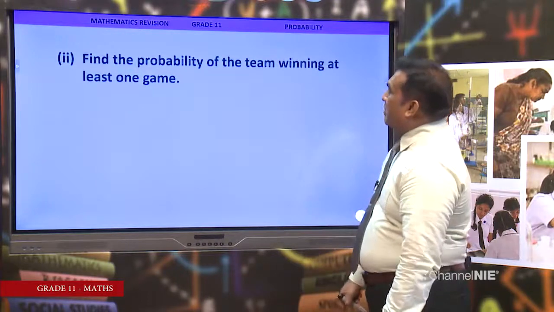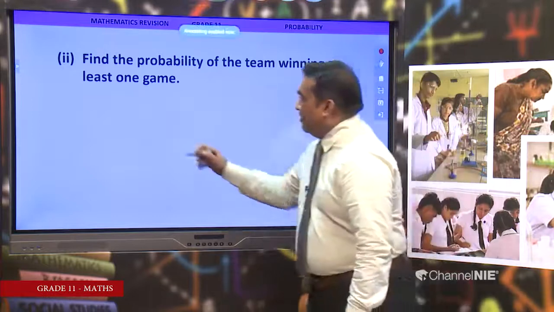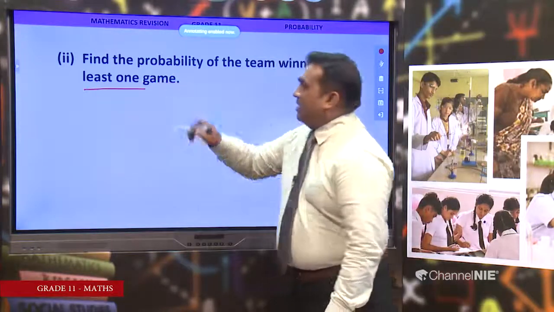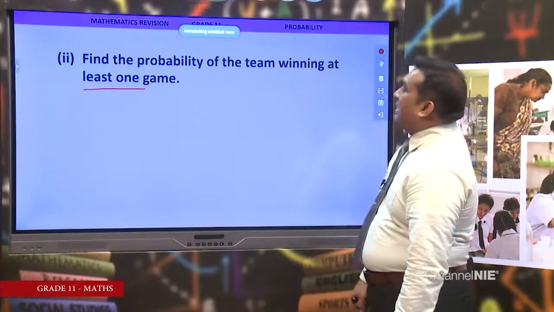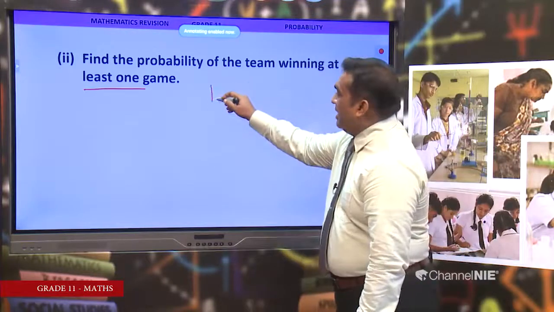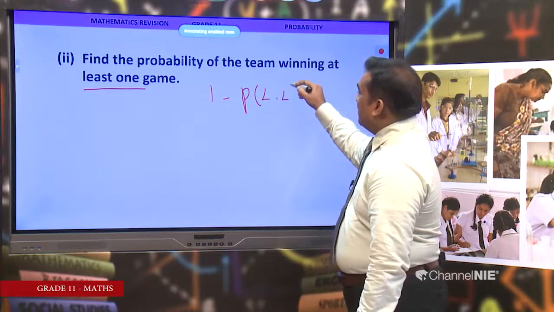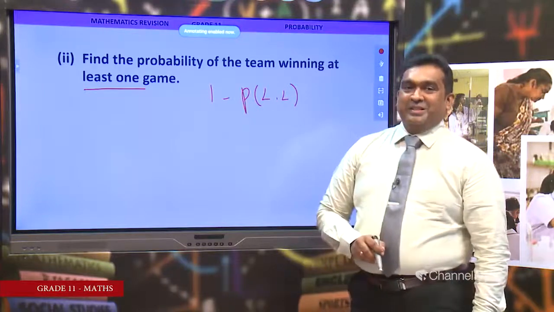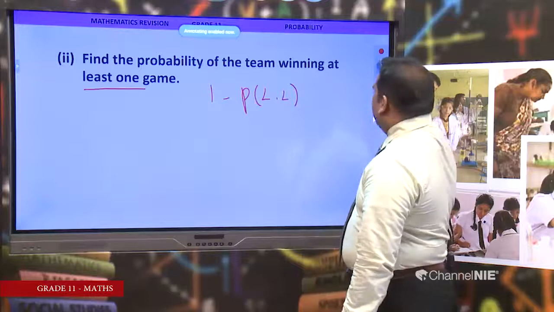Now find the probability of the team winning at least one game, at least one. Find the probability of the team winning at least one. It means 1 minus probability of lose, lose. Okay, we will see.